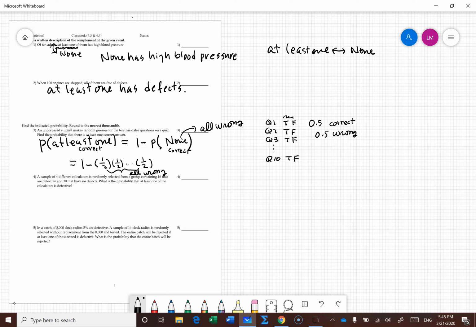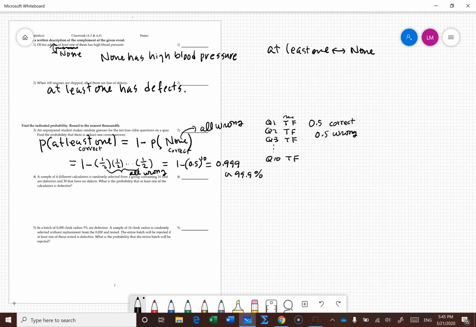So this is 1 minus 0.5 to the 10th power. Put that in your calculator and you're going to get 0.999, or you can say 99.9%.